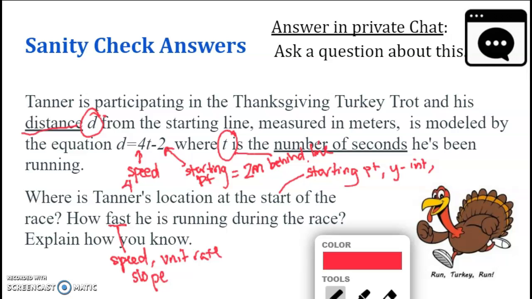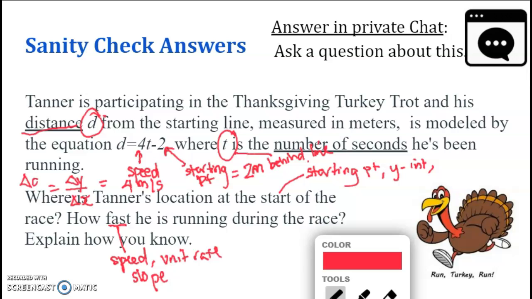And some students told me it's 4 seconds per meter. No, speed is always going to be the distance, 4 meters per second. So how far is it going? That's because slope is always delta y over delta x, or in this case, instead of y, they're using d.